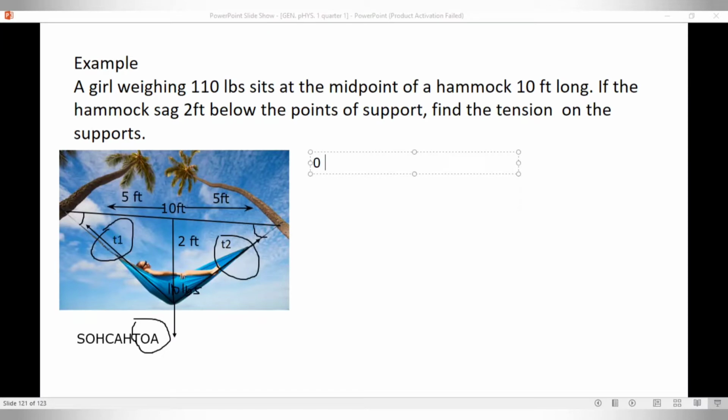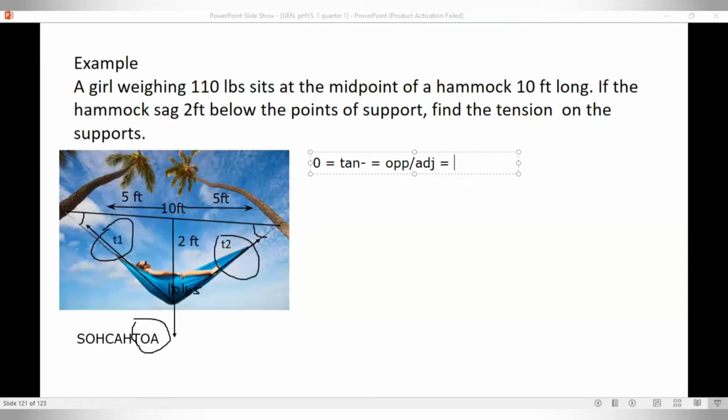So let's assume that this is theta. Theta is equal to the inverse tangent of opposite over adjacent.